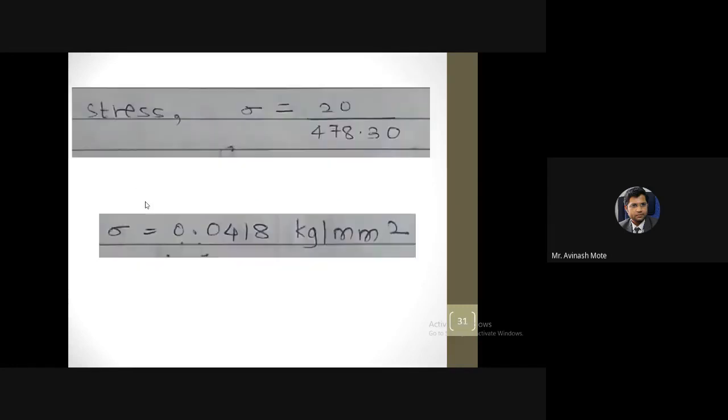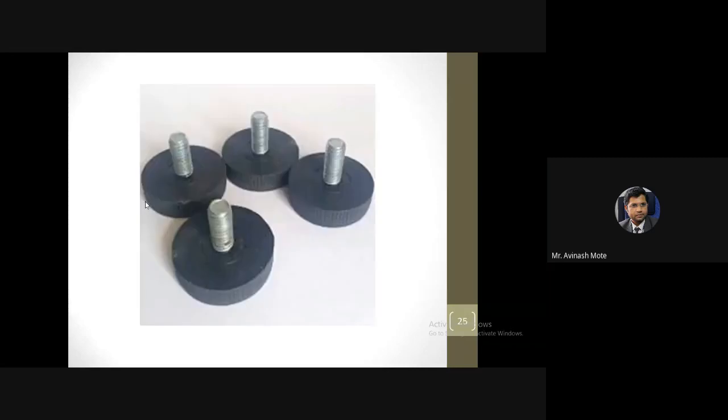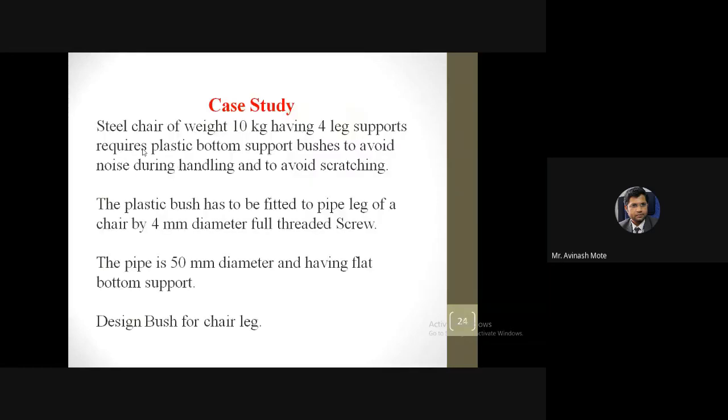And load applied, one more thing is there. See here, the first line: steel chair of weight 10 kg. Now what do you have to assume? Data is given as steel chair of 10 kg, and a person is sitting on the chair with average weight of 70 kg.